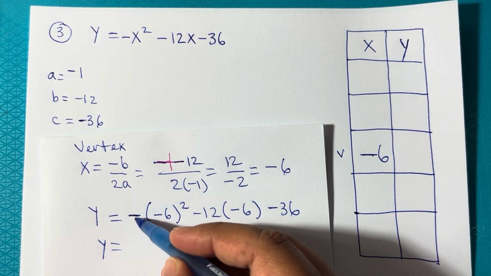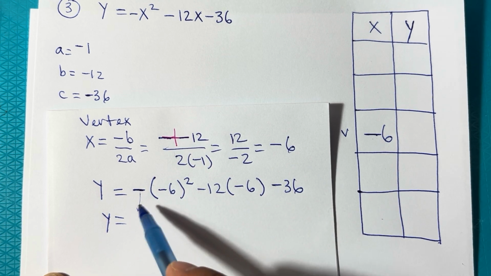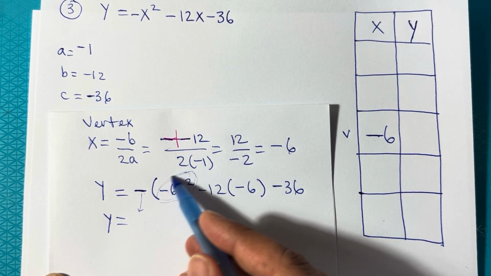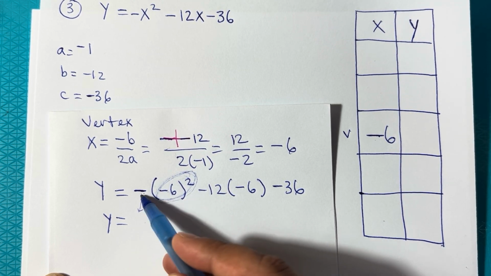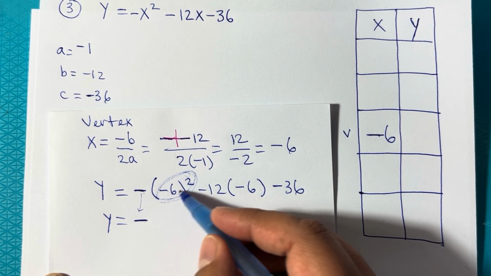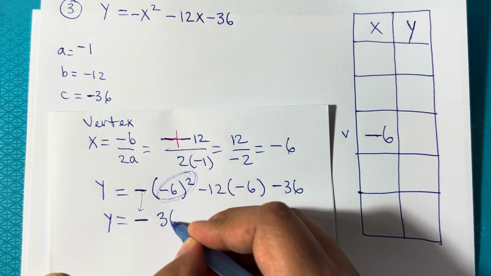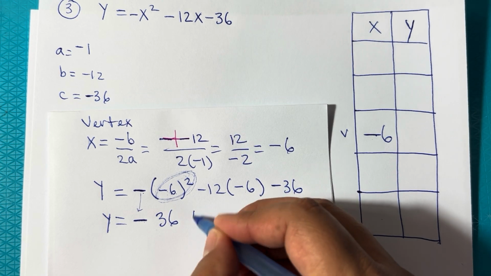In here, just bring down this negative, okay? We cannot multiply that. Some people say negative times negative is positive. No. According to PEMDAS, or the order of operations, we do exponents first and then multiplication. So just bring it down, and then -6 squared is -6 times -6, which becomes positive 36. And then in here, negative times negative becomes positive.